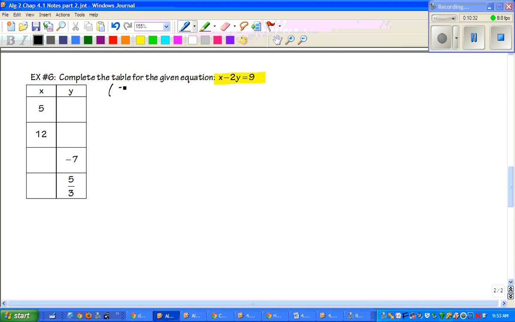So let's go ahead and start so we know where to put everything. 12, -7, and we'll do the last one over here. Hopefully that'll give us enough room for everything. So I want you guys to pause the video. Go ahead and try all 4 of them. Once the video starts up, we will do the last one together just to make sure you guys did it right. Okay?